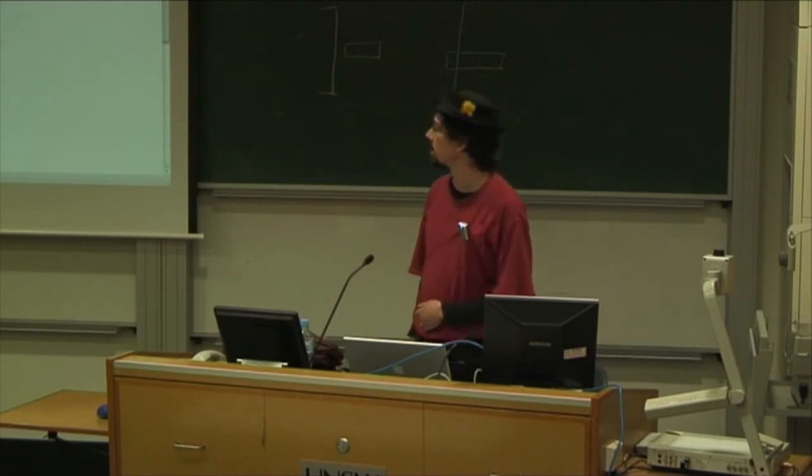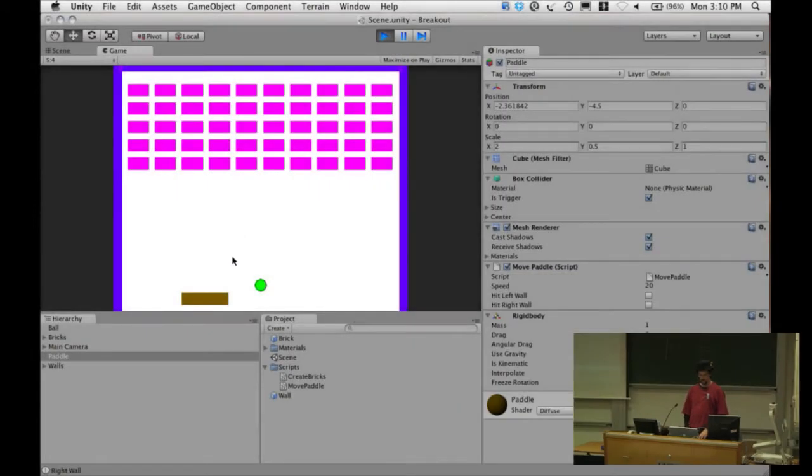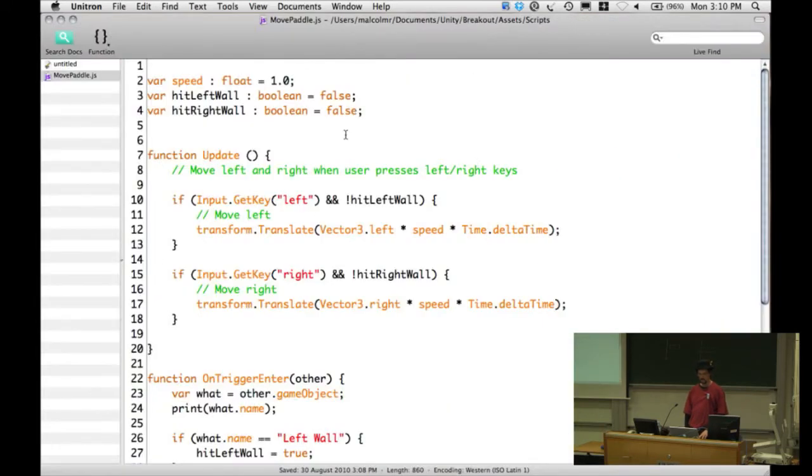Some solutions that we could do: rather than use the triggering, we could set absolute limits on where the paddle could be. So we could say that the paddle wasn't allowed to move further left than one point or further right than another point. If we set those numbers exactly, then we could test them here and update. And by making sure that we never moved further than those limits, we could stop the paddle from ever moving into the wall.